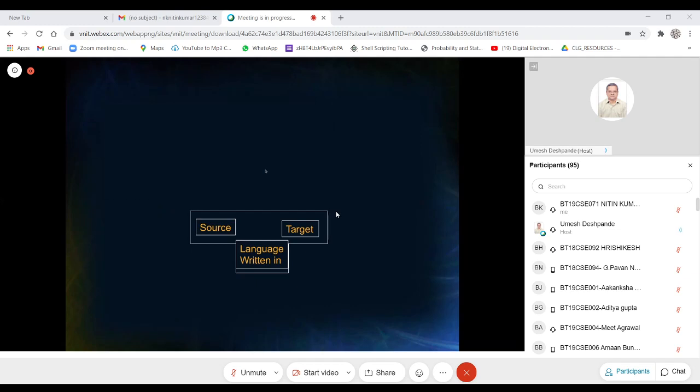So whenever we define a translator, it's defined using what is called a T diagram. The picture which we have shown here is called a T diagram. It has three things in it. On the leftmost side is the source language, which is input to the translator. On the right hand side is the target language.